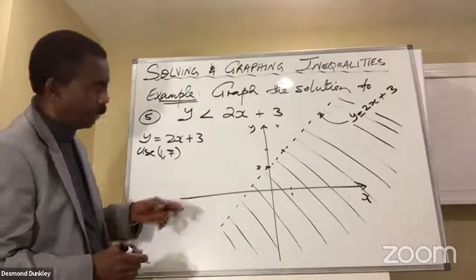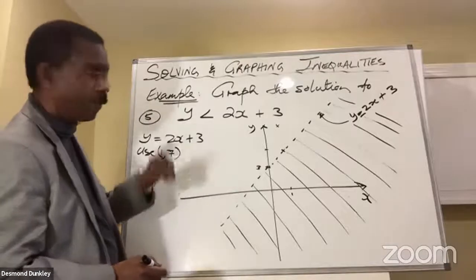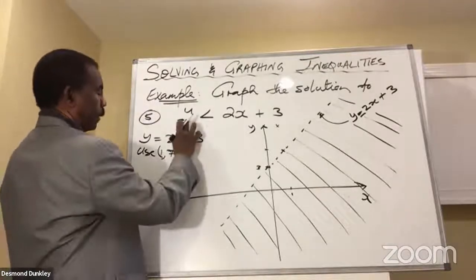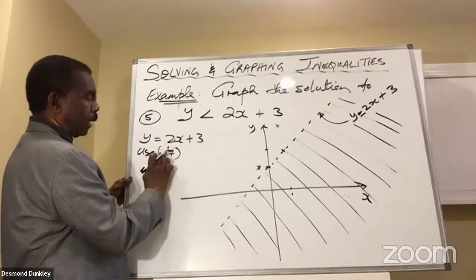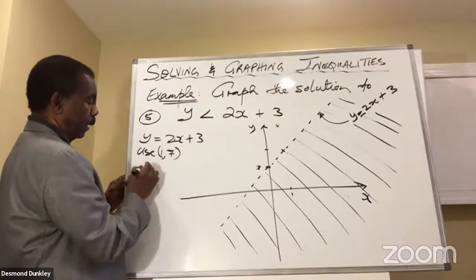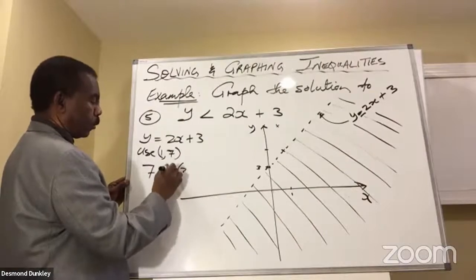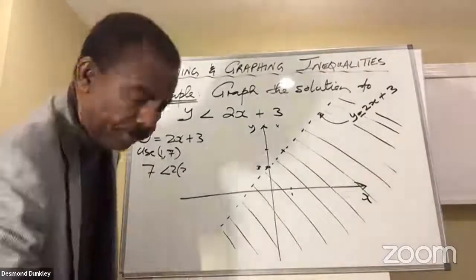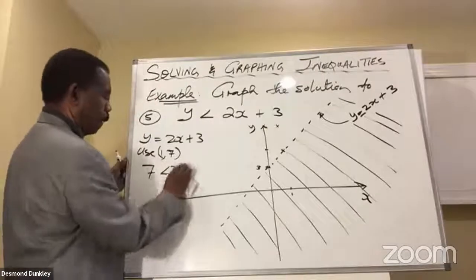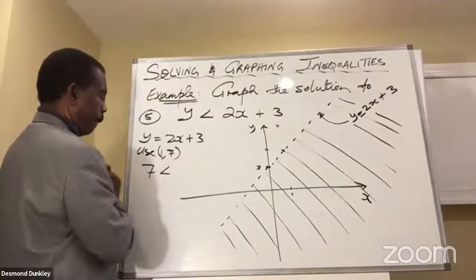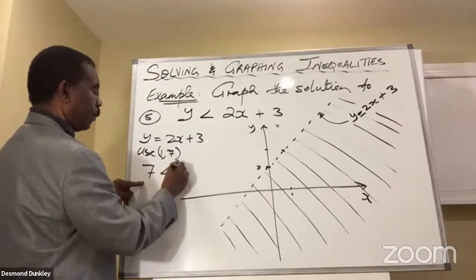This should fail. Okay, so x value is 1, y value is 7. Is 7 less than 2 times 1 plus 3?